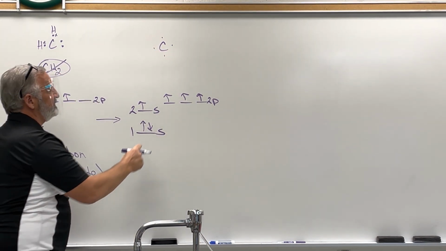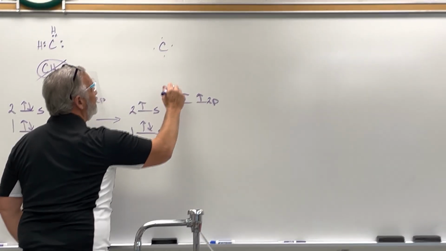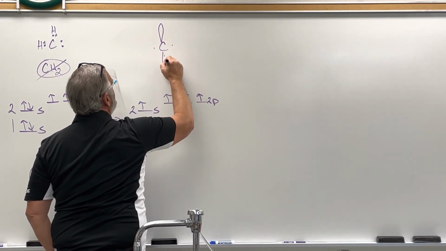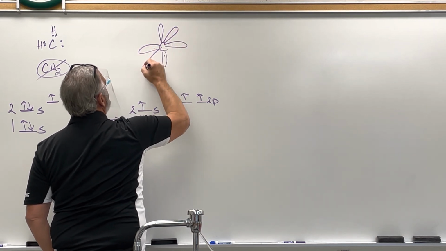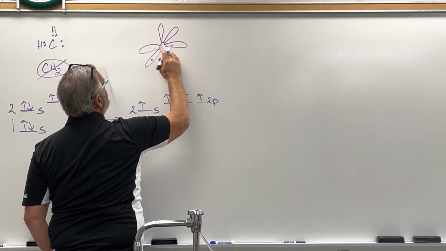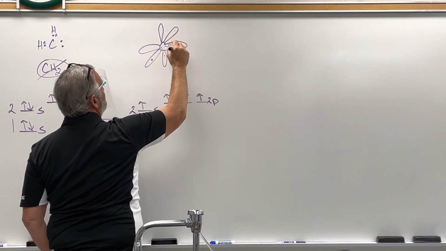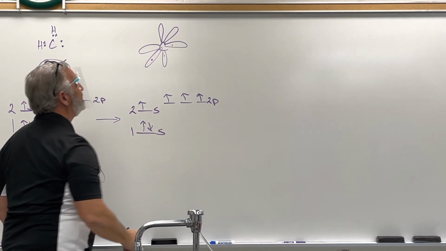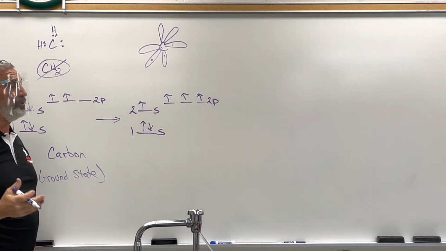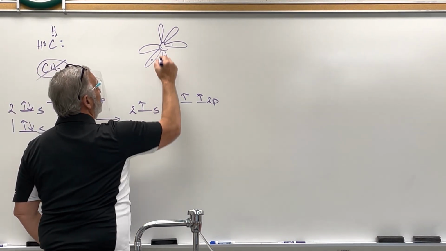But the reality is that 3 of them would be in p, and so the p orbitals are going to look like this, like this, like this. You'd have 1 electron in each of these, okay? 1 electron in each, but somehow or other we have to put an s orbital in there with them, okay?